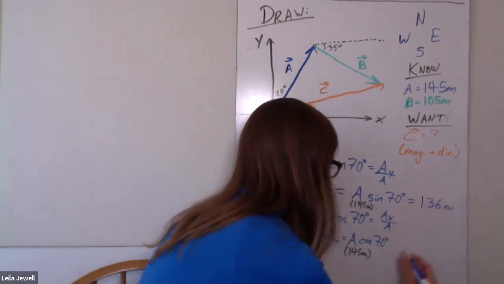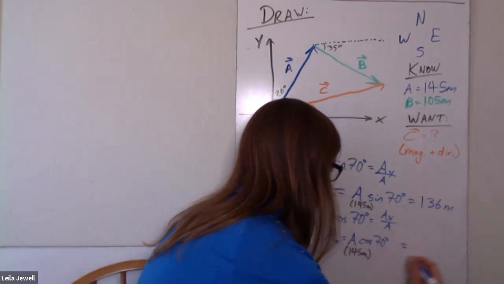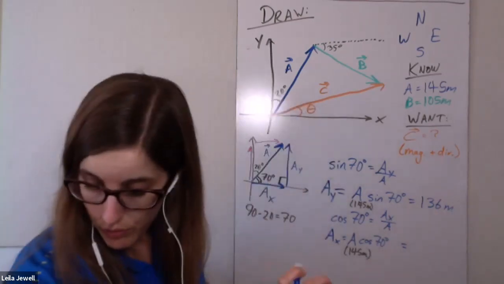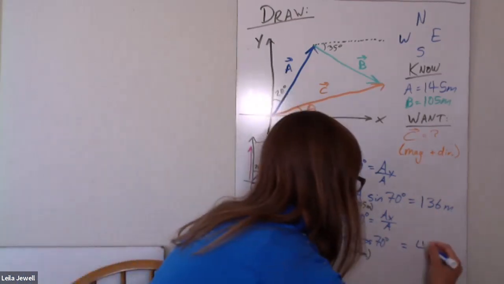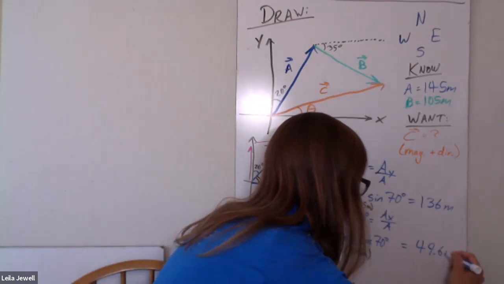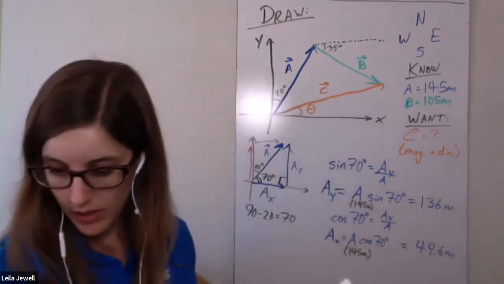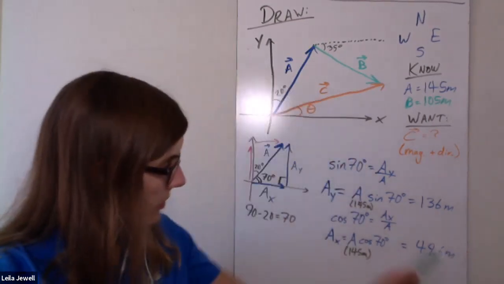It should be in meters for A sub Y. And A sub X is the one that should be 49.6, still in meters.